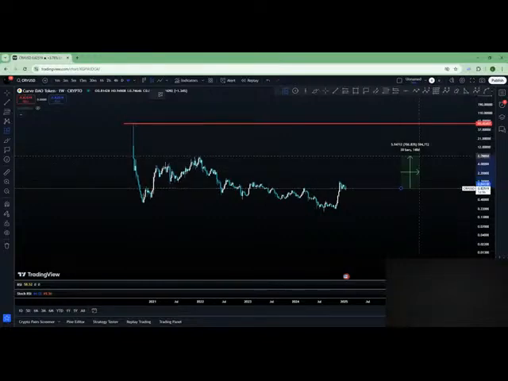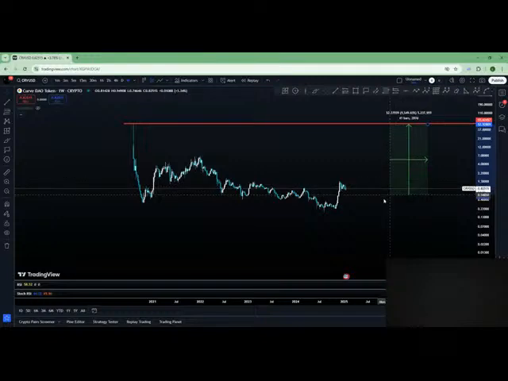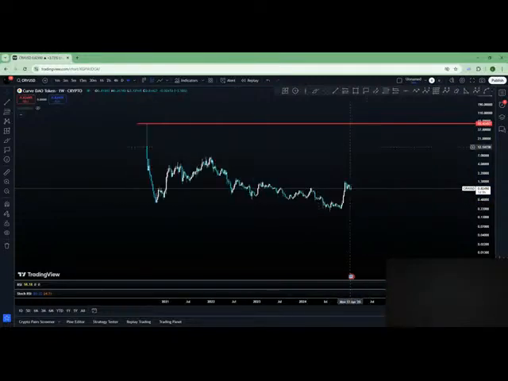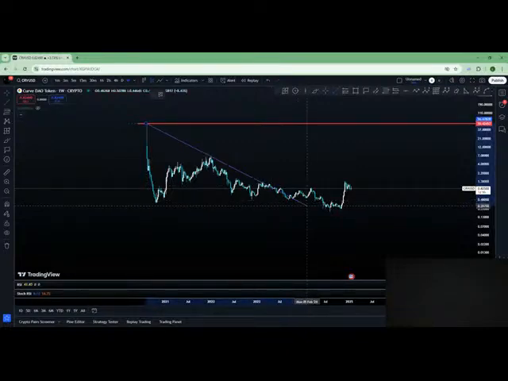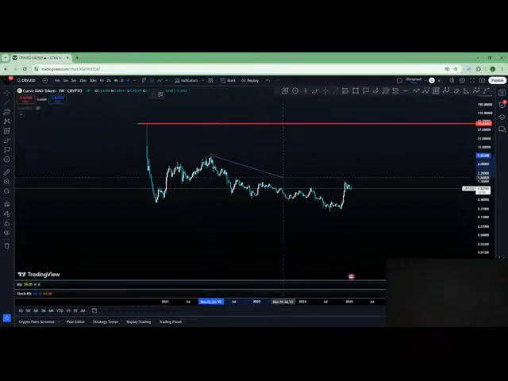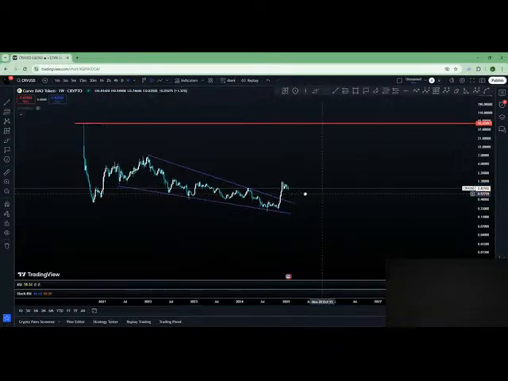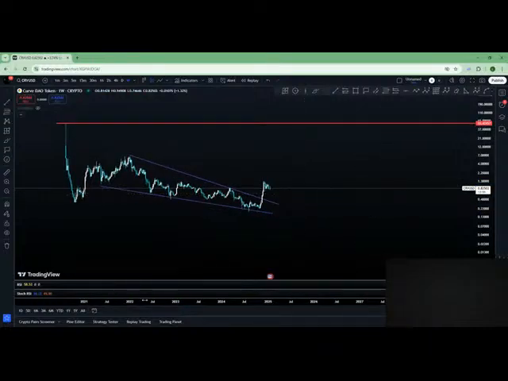So see the gain if you have bought at the bottom. It's 20,000 times gain. So this is a good project. You can see how beautifully the trend line has broken. We gave a spot trade on this, so let's go to the spot trade and see how it worked.